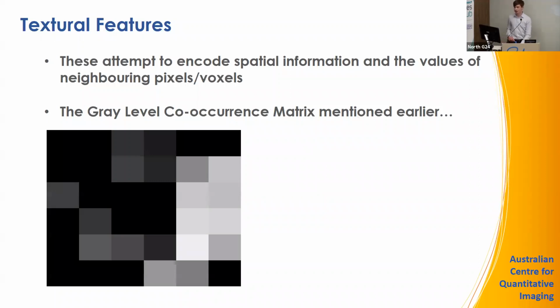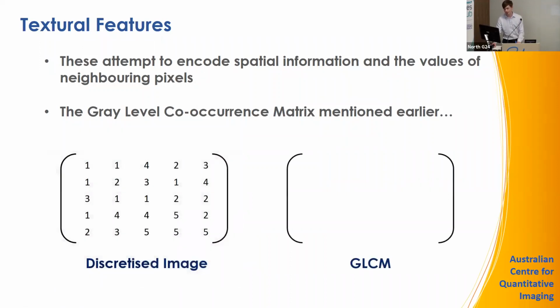Texture features attempt to encode spatial information and the values of neighboring pixels or voxels. An example shown here is the gray level co-occurrence matrix. Here we have an example tumor volume. In a simpler version, we have a discretized image here, and I'll go over what a discretized image is later in the presentation.